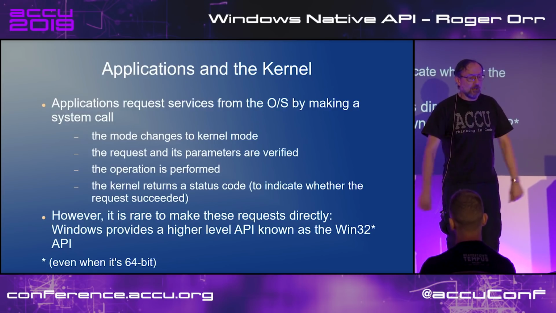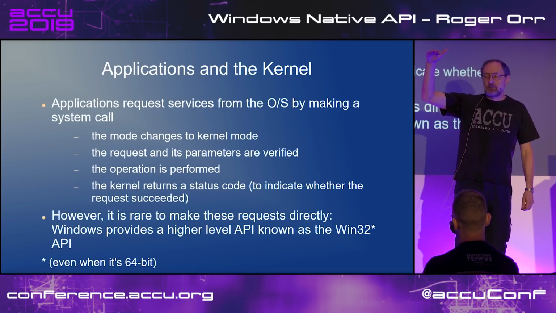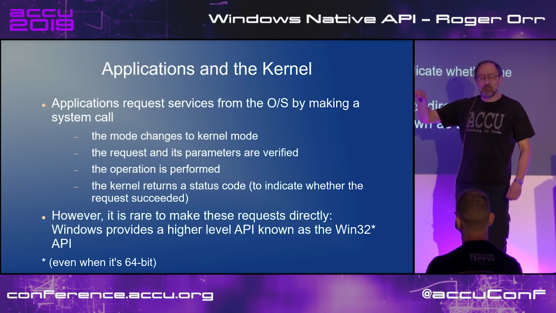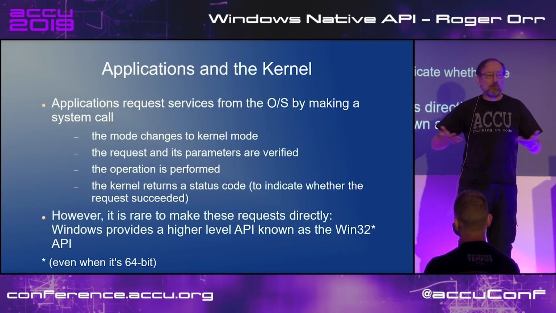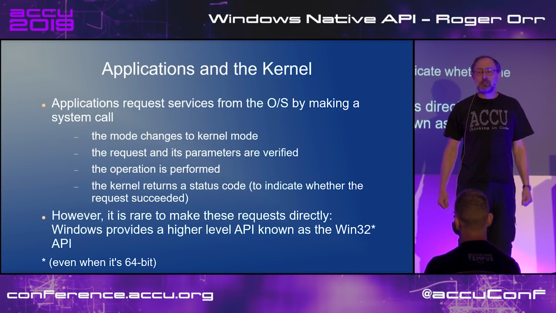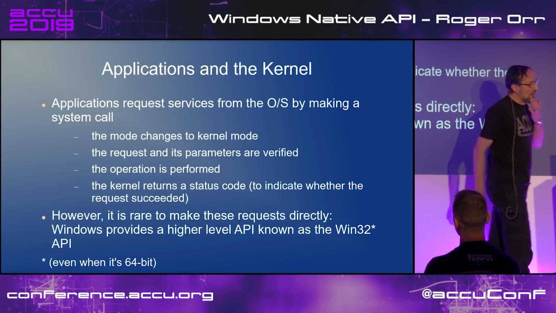Many of us write code that uses a high-level language, or even a language like C or C++. And we use IO streams, or maybe we are slightly lower level and we call printf. Who's ever used printf? Yeah, we're among friends. That's good.